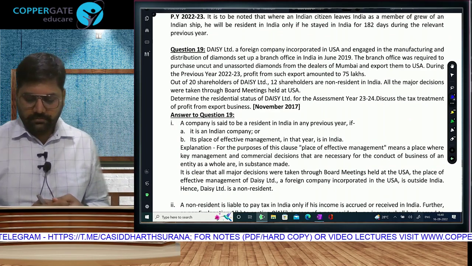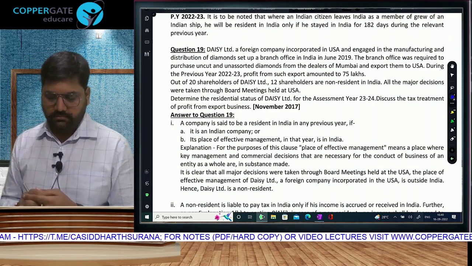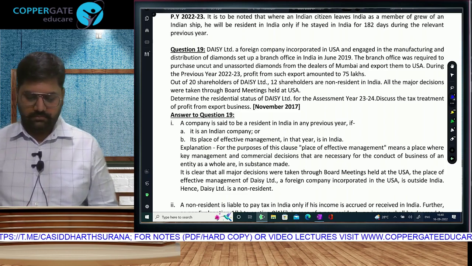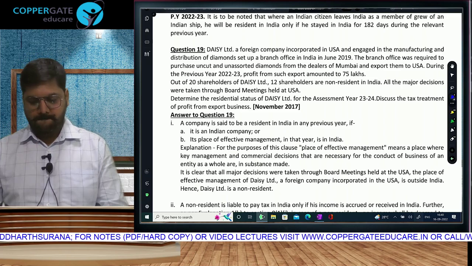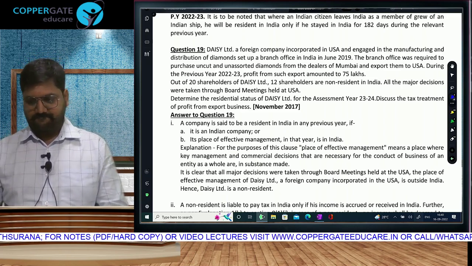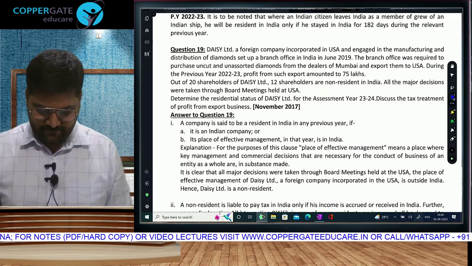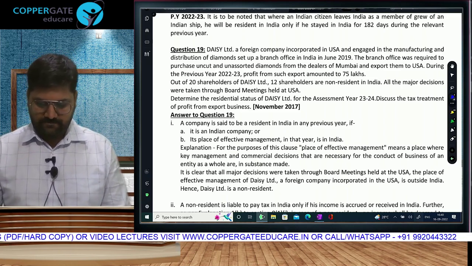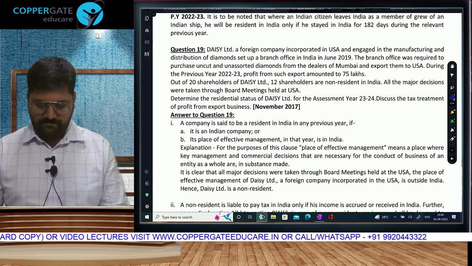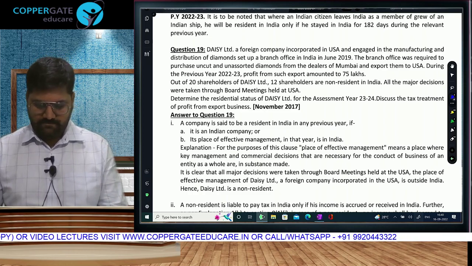Question 19. Daisy Limited, a foreign company incorporated in USA and engaged in the manufacturing and distribution of diamonds, set up a branch office in India in June 2019. The branch office was required to purchase uncut and unassorted diamonds from dealers of Mumbai and export them to USA.